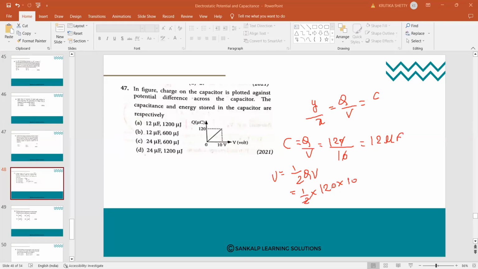So 12 into 5, it is 60. So it is 600 microjoule. So it is option B. Correct? Understanding? So option B is the correct option.